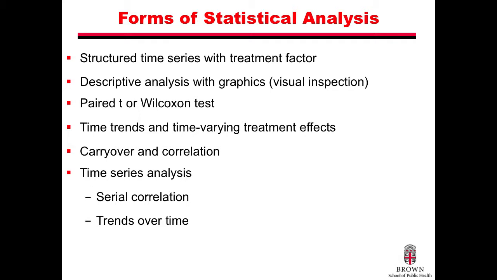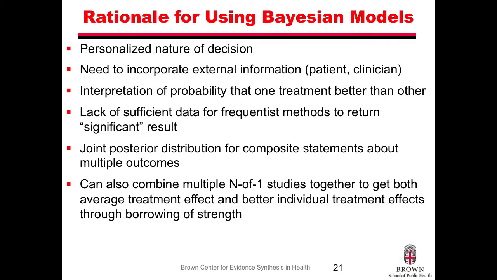So we've tended lately to be using Bayesian models here because there's a personalized decision here. So it sort of makes sense to think about there being some sort of prior distribution which might apply to this individual. And we might want to incorporate external information outside the trial. For example, the clinician and the patient think a priori that one treatment might work slightly better than another, or that they don't expect the treatment effects to be too big or too small.